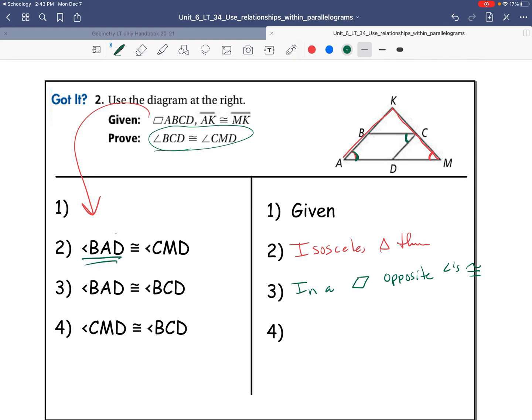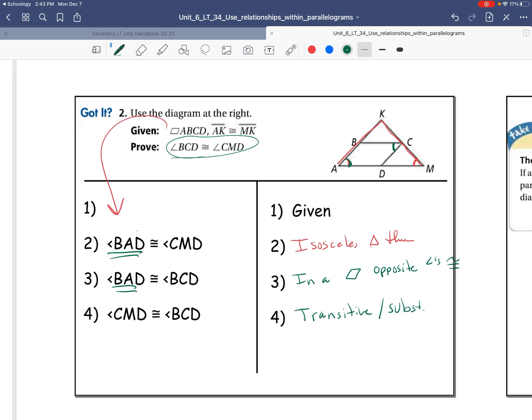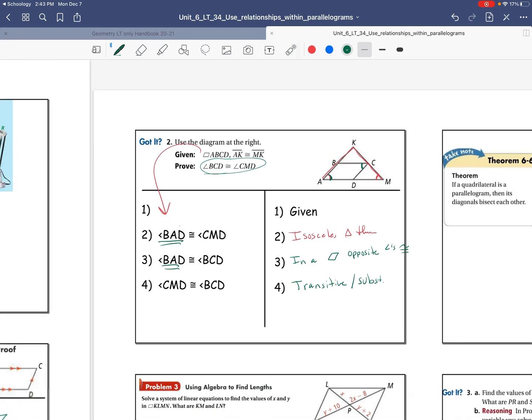You can see that here and here. So transitive or substitution. And that's our proof.